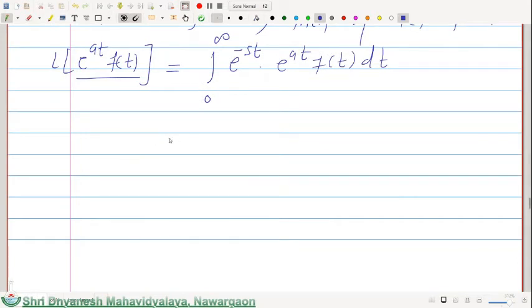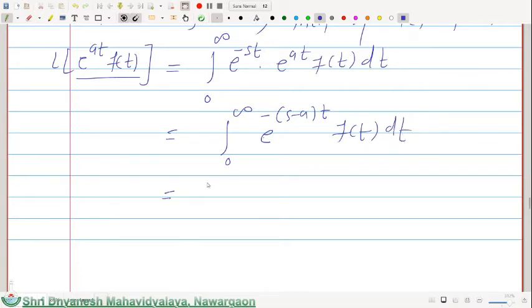Simplify this: the integration from 0 to infinity of e to the power minus st and e to the power at can be written as e to the power minus (s minus a)t f of t dt.